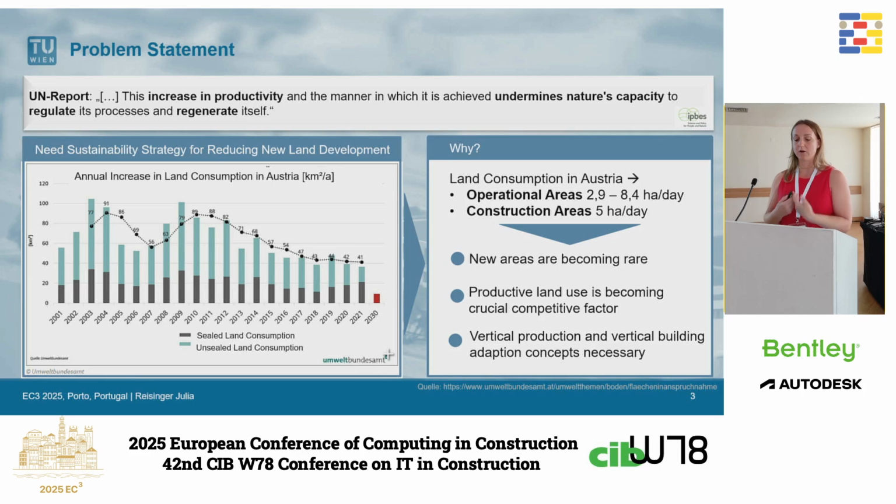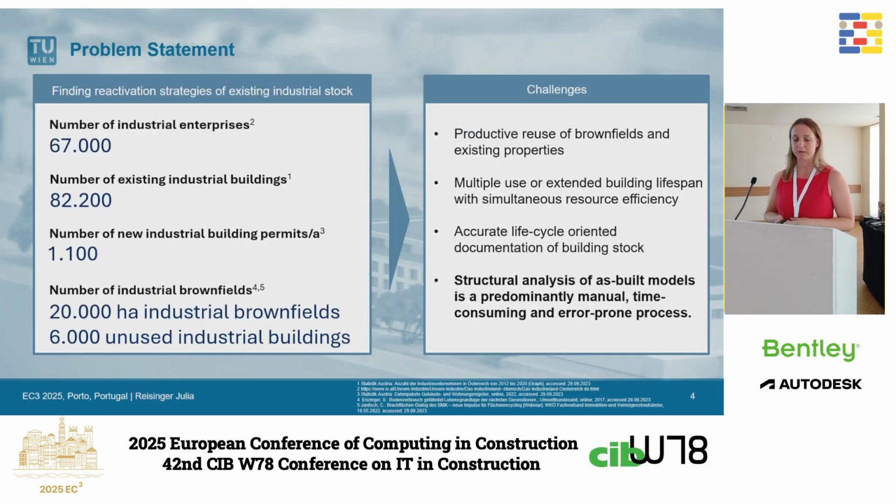So we have a lot of land consumption, not just in Austria, but worldwide, and how can we look to decrease our new land consumption and use the existing properties and buildings we have. Especially in production, it's about getting more productive, but getting productive vertically and not expanding horizontally. For example, there are some numbers in Austria.